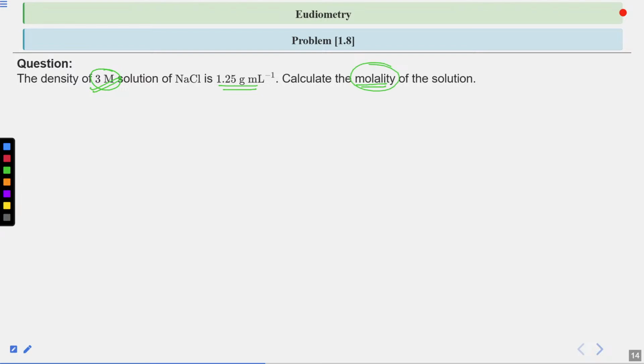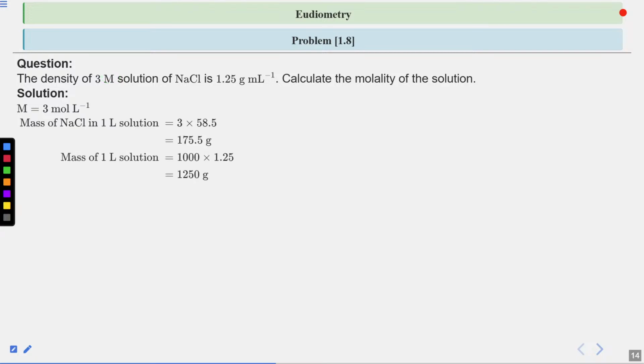What you have to calculate? You have to calculate the molality. How will we do it? So we have the molarity. Capital M is the molarity, or its unit can also be written as 3 mole per liter. Now I have already told you what the moles of NaCl present in 1 liter of the solution would be.